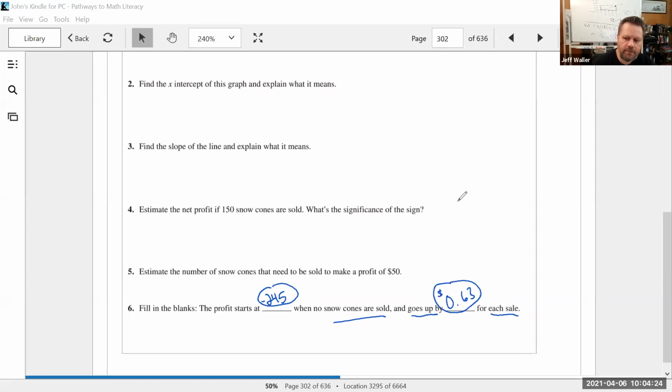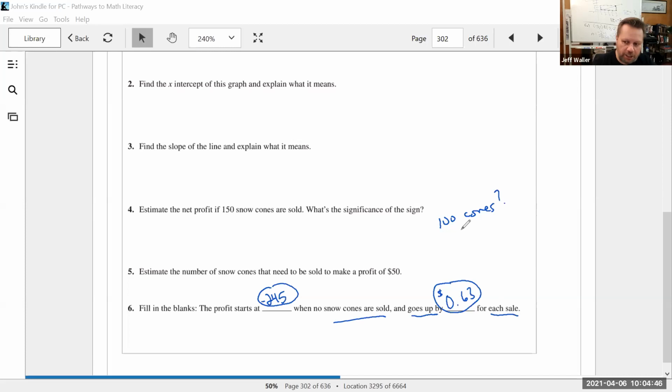So can somebody help me out? What if I sold 100 snow cones? Not looking at the graph, but just looking at the numbers here, how would you figure out how much my profit would be? So I start at negative 245 and it goes up by 63 cents for every cone I sell.